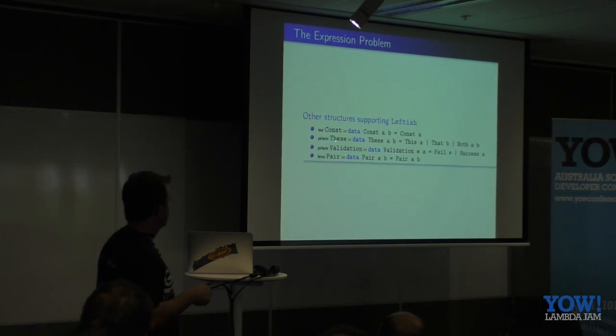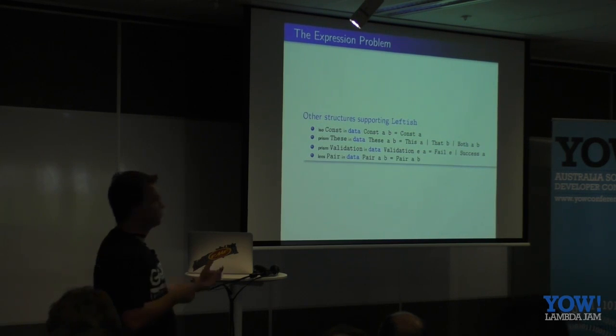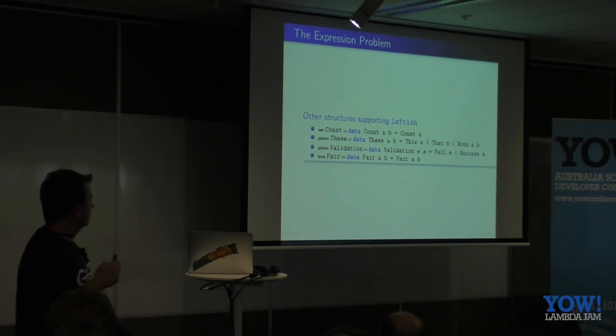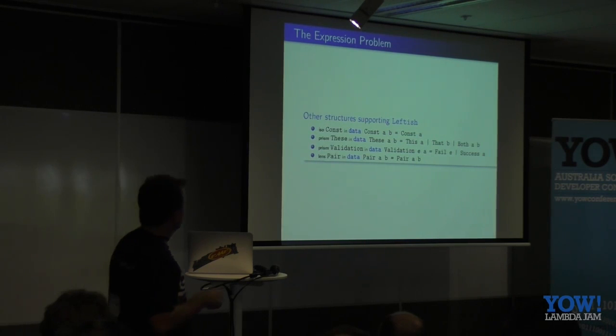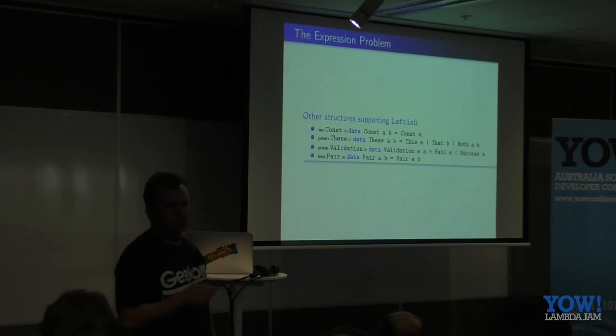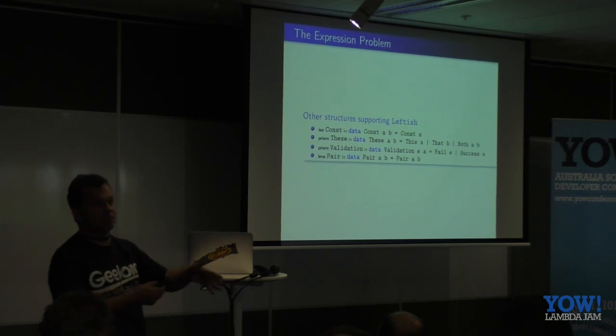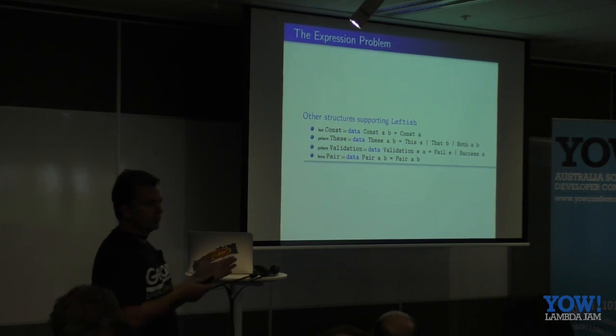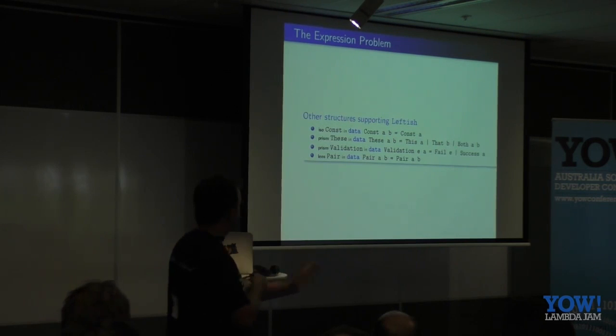And then again, here's another data type where it has some notion of potentially having an A. It has a prism. Another one has a prism, this data type here, which some of us use. And then of course, just a pair of an A and B. This doesn't potentially have an A, it definitely has an A, and it has a view into A. So it definitely has an A, and that view is called a lens.